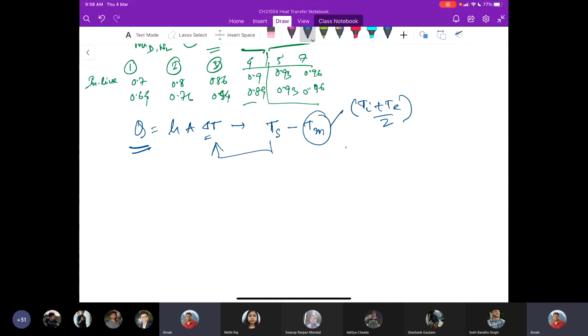But the point here, let me introduce the term called the LMTD, or the logarithmic mean temperature difference, which is very, very important in the temperature difference calculation for shell and tube heat exchangers.